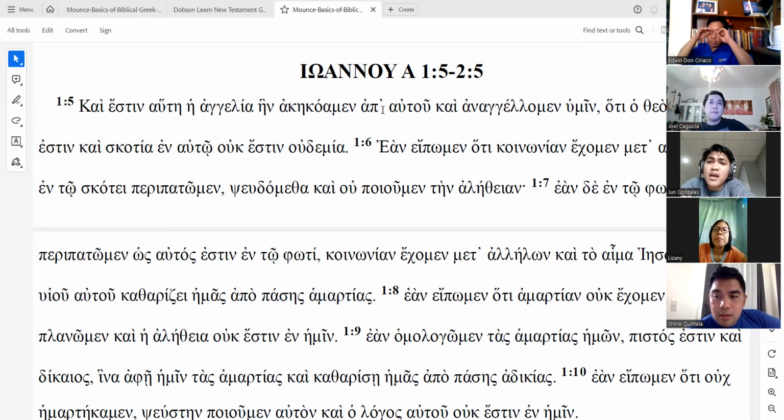Remember, this is supposed to be apo, but this is an elision, something was removed. So you read it as apauto. It's quick, no? Apauto. Not like apo auto. That would take too long. Apauto. Kai anangelomen.